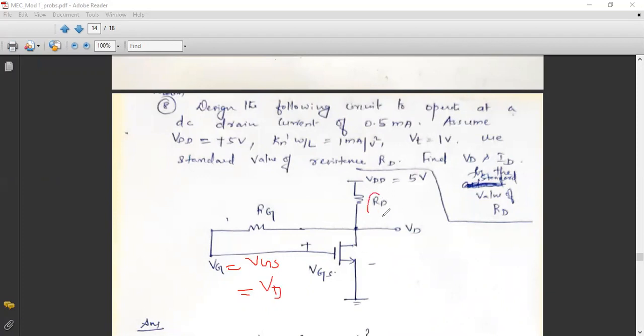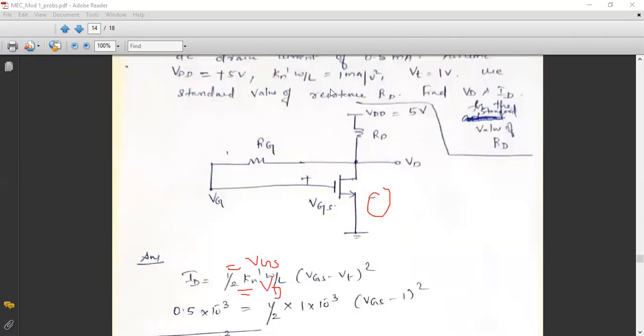Now we will go for this design. Design means you are going to design the RD value. To find RD, you have to find VGS, because RD's equation is RD equal to VDD minus VD divided by ID.